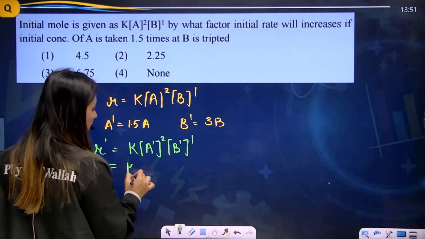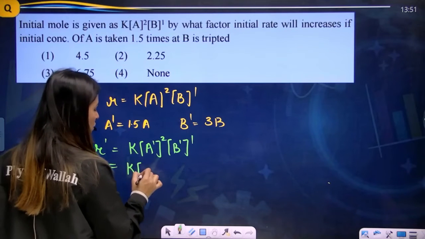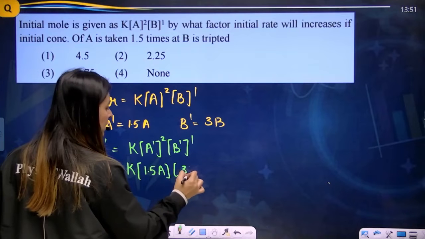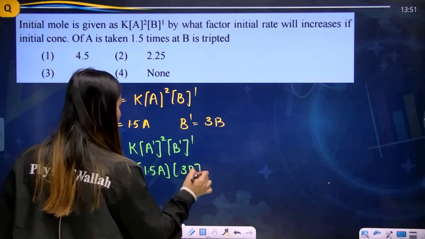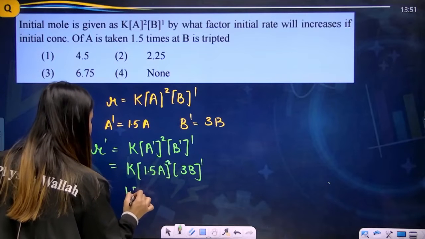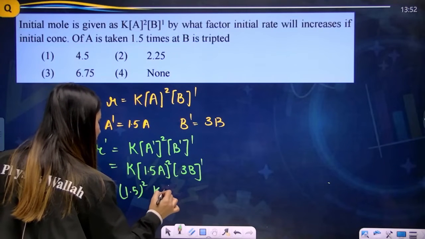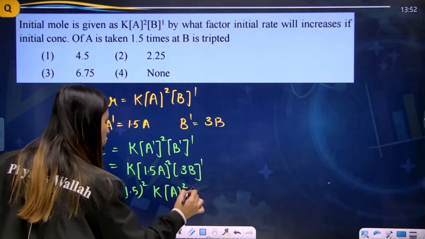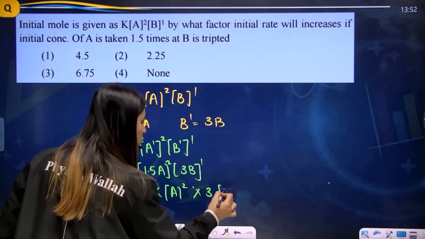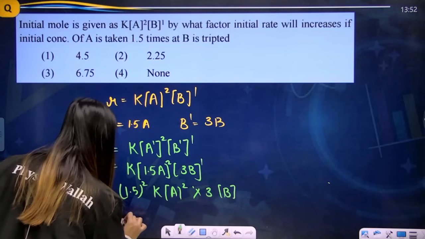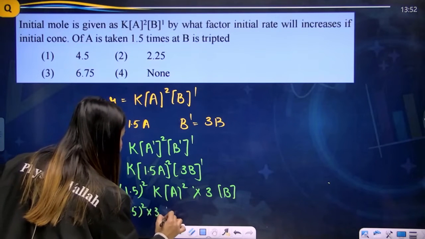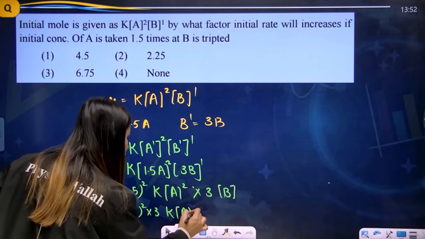A dash is 1.5 A and B dash is 3B, power 1. This would be 1.5 whole square, K into A power 2, and this would be 3 and this would be B. So I can say that 1.5 whole square into 3 into K into A whole power 2 into B.